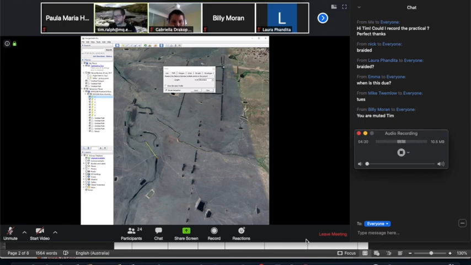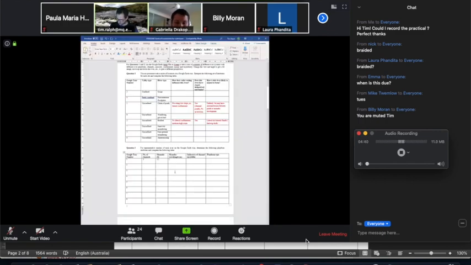That distance is 240 meters, so 0.24 kilometers. So if we go back to our worksheet and fill that in, I've asked for it in meters, so 240 meters, roughly.